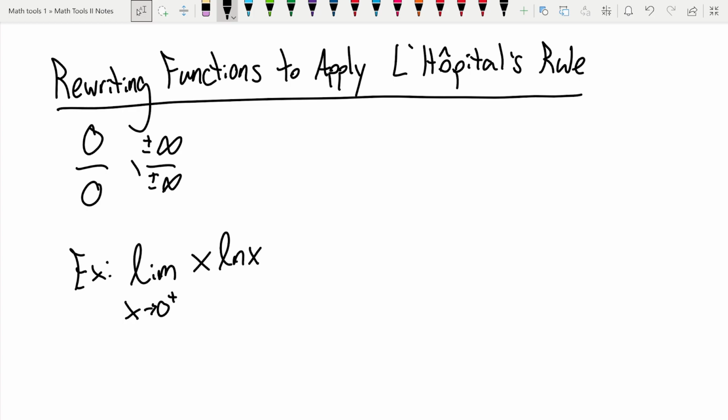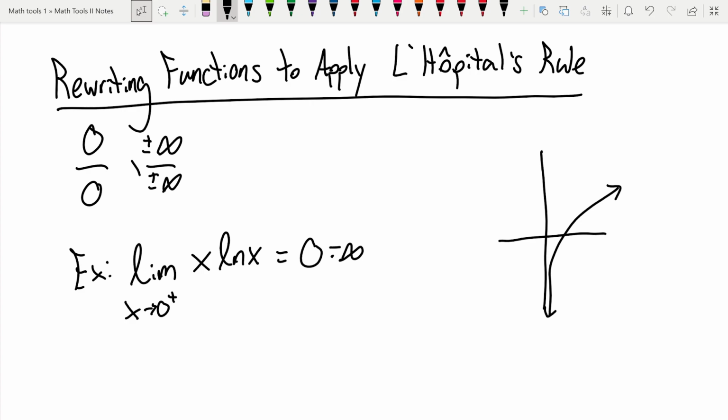Okay. If we just plug this in directly, the limit as x approaches 0 from the right of x is 0. The limit as x approaches 0 from the right of ln of x is going to be positive infinity. Okay. So you should just be able to see that just from the graph where it looks like this, right? If you're approaching 0 from the right, it's going to be negative infinity, not positive infinity.